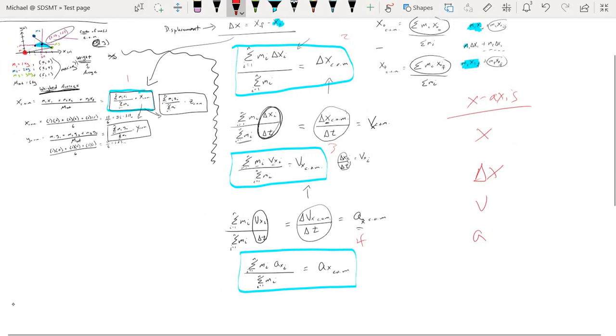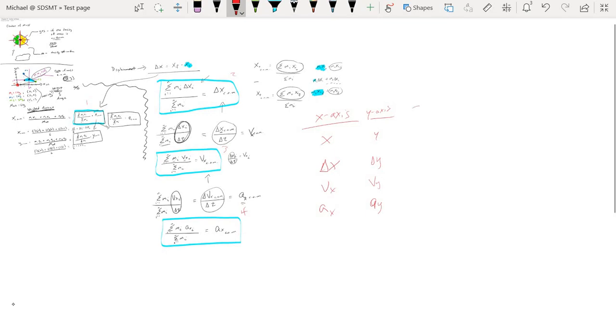Now consider the same 4 equations written for the y-axis. And all you have to do is go in and we just change the subscripts from x's to y's. A sub y. And then if you have a 3D system, well, okay. We kind of know what has to be done now.